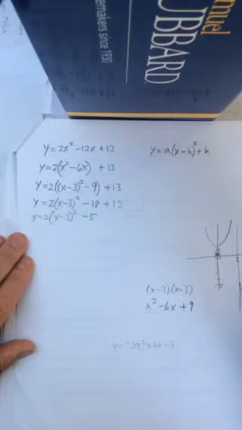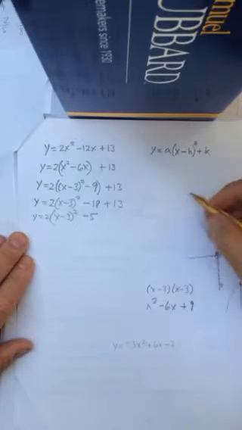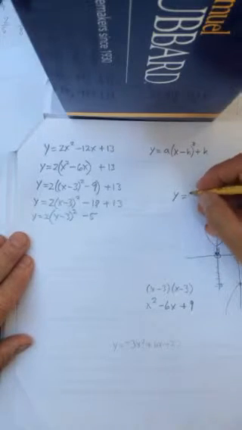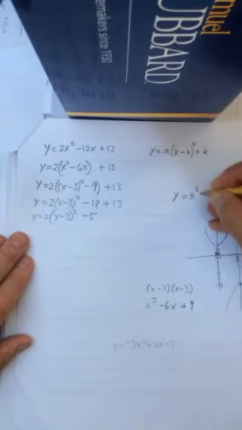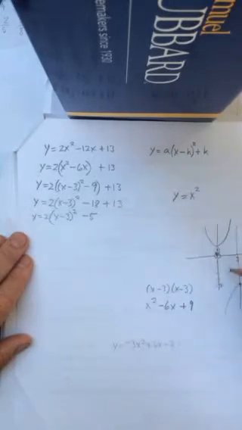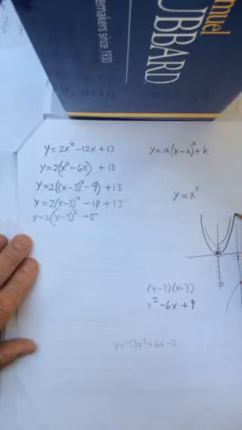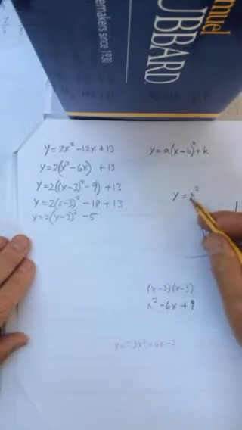Now, we still don't know if it's going to go like this or if it's going to go like this. A standard parabola, this is just your most basic parabola you can have. If you graph that out, you'll see that it has a vertex of 0, and it just goes like that. And that's what happens when this is positive.